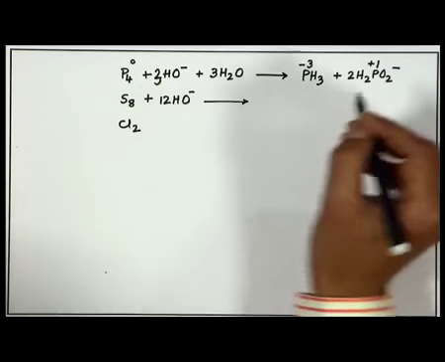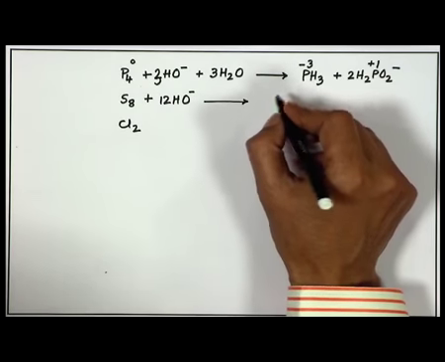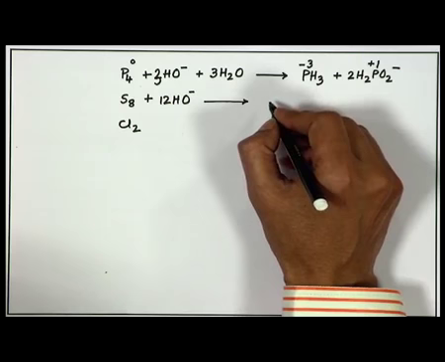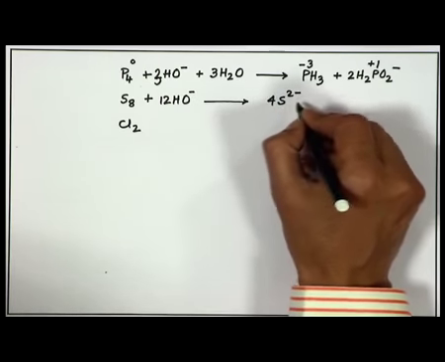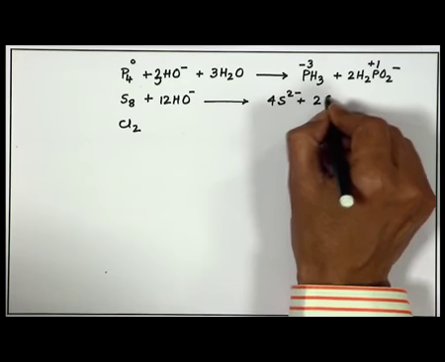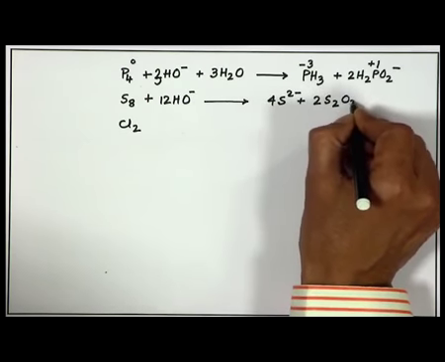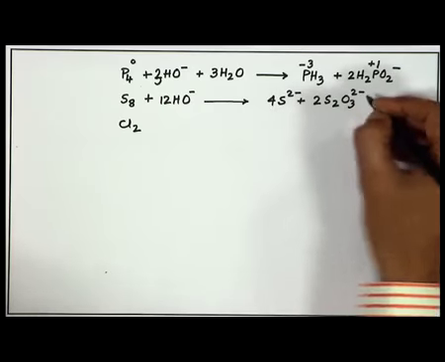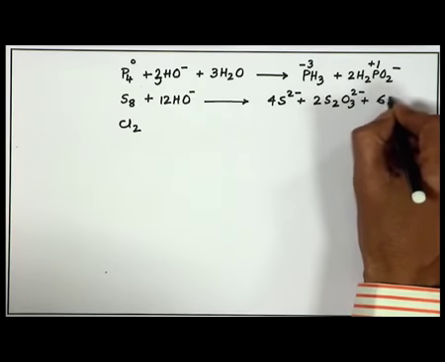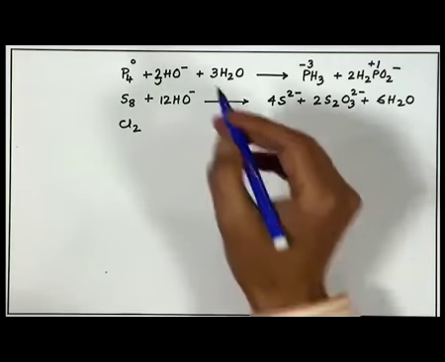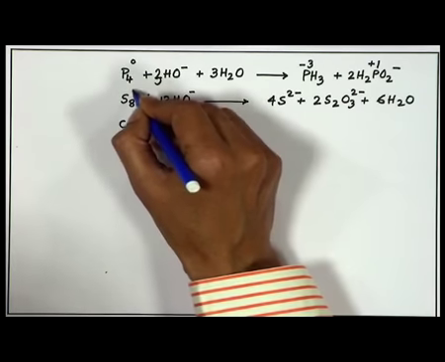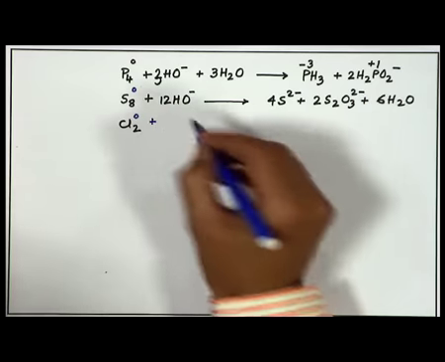So, in the second case, where S8 is reacting with hydroxide ion, giving rise to 4S2 minus plus twice of S2O3 2 minus and 6 molecules of water. And in case of chlorine, the reaction is very simple.